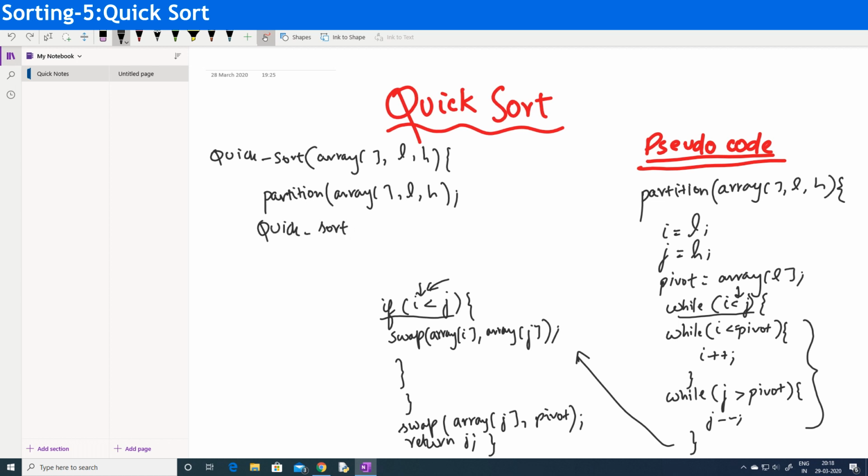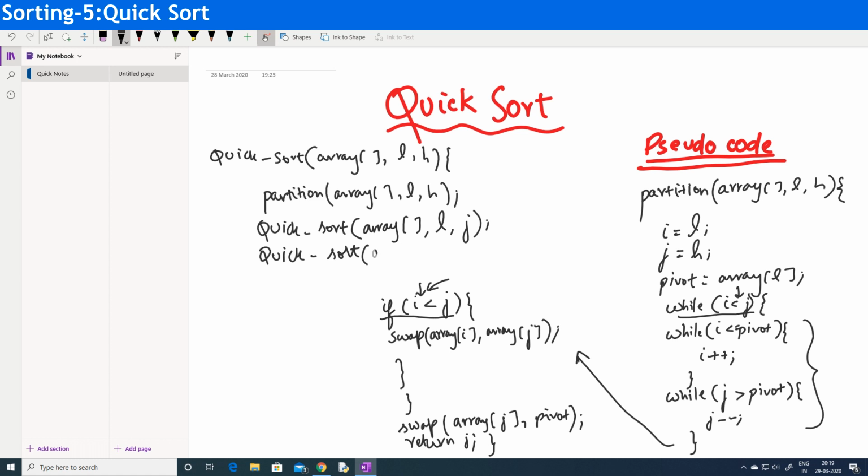And here is where j comes into the picture. j helps us in identifying the left sublist. So low will be low and the last element will be j, because we want the left sublist till j. So that's why we are calling quicksort here. And for the right sublist, we again call quicksort.